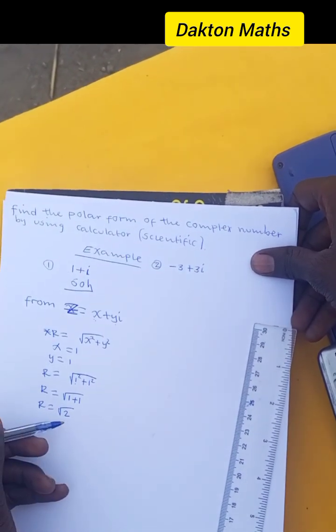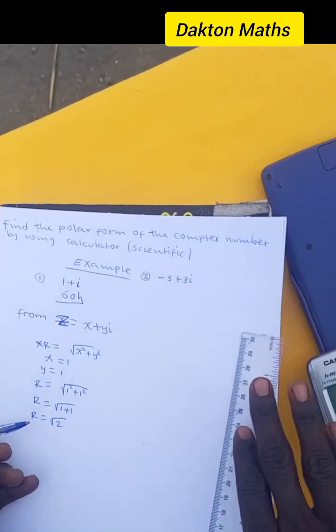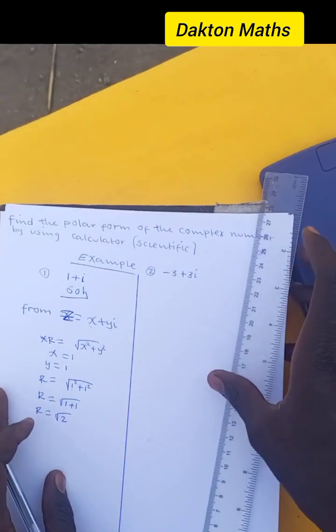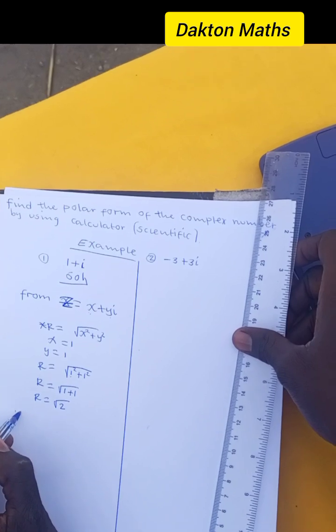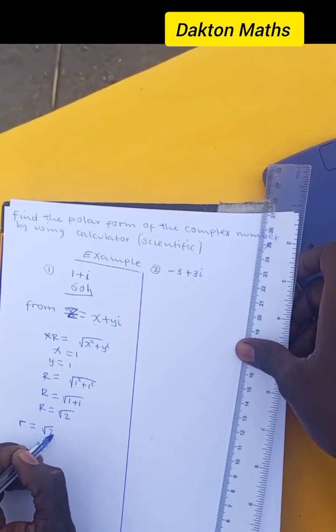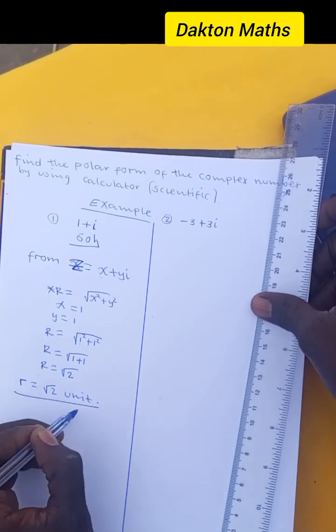As we already know, the square root of 2 is a decimal number. Don't bother yourself to simplify it or put it in decimal form. You just leave it like this. It means r is equal to root of 2 units. Now we're done with r.